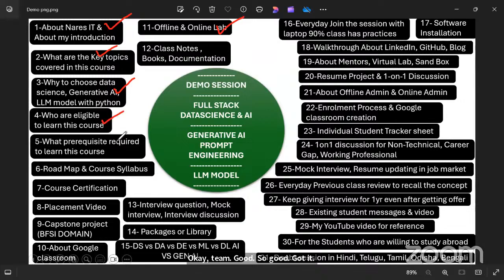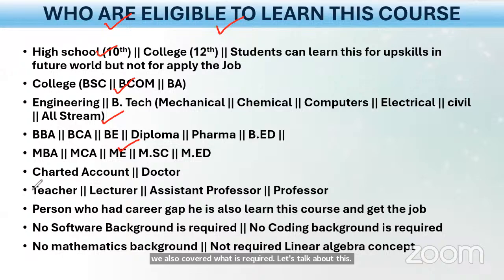Let's talk about who is eligible to learn this course. So Mohan Reddy and Praveen, can you please talk to them, because if I answer right now, guys, the session stops automatically. So we also covered what prerequisites are required. Let's talk about this slide. Who is eligible to learn this course? Next one. Okay.